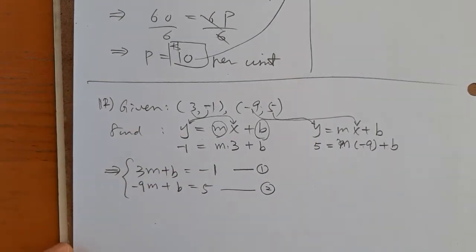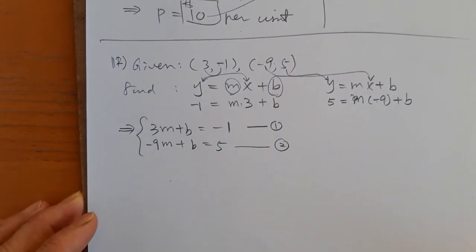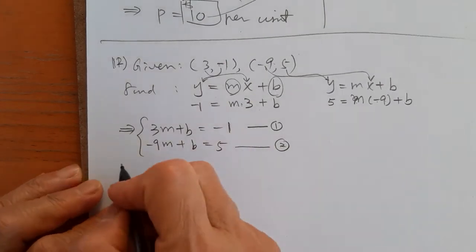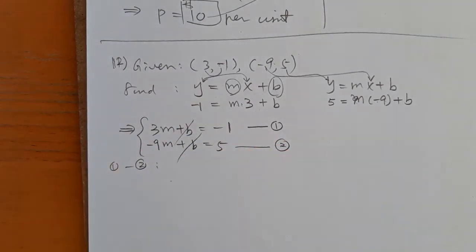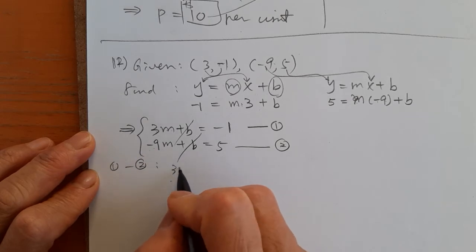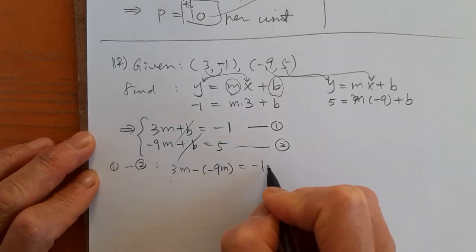That forms 2 variables and 2 equations, a linear system, and you solve it. You can subtract the second equation from the first equation: b minus b is 0, it cancels. This side is 3m minus -9m equals -1 minus 5.